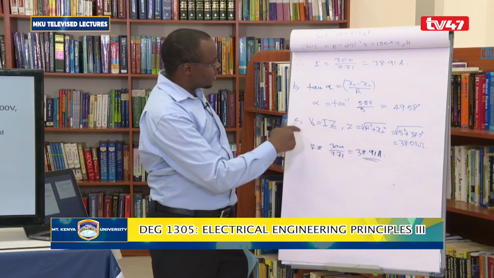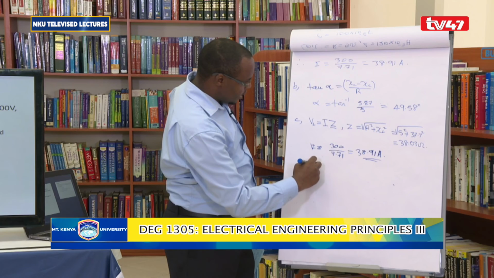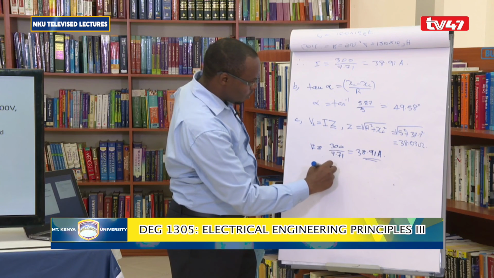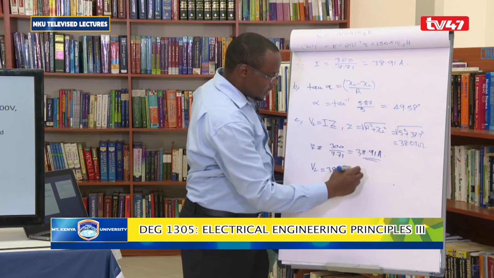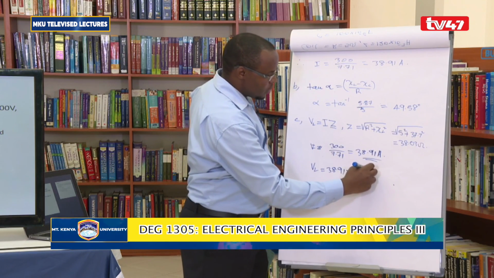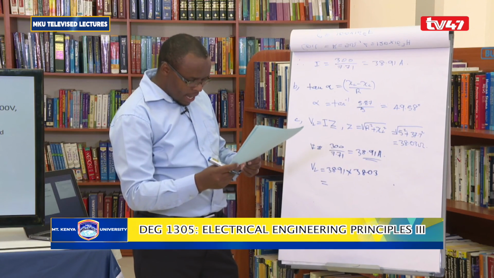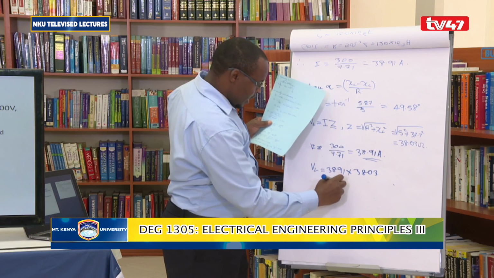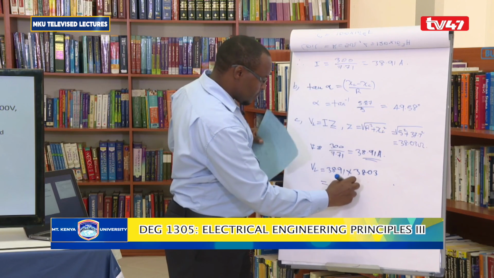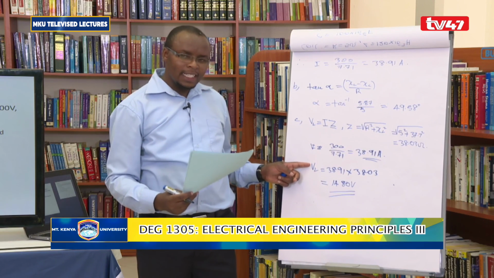So this was in part A, and therefore to get the voltage across the inductor, it is going to be 38.91 times the impedance, which is 38.03, and this is going to give you an answer of 1480 volts. So this is going to be the voltage across the inductor.